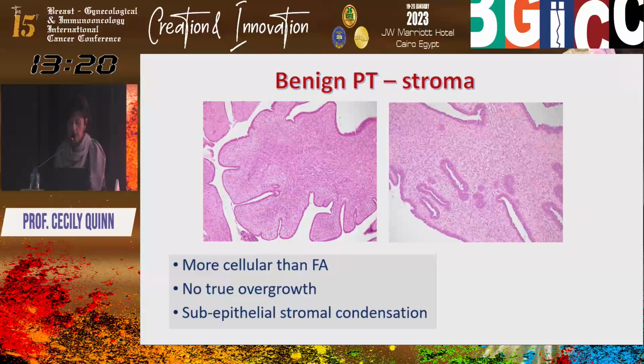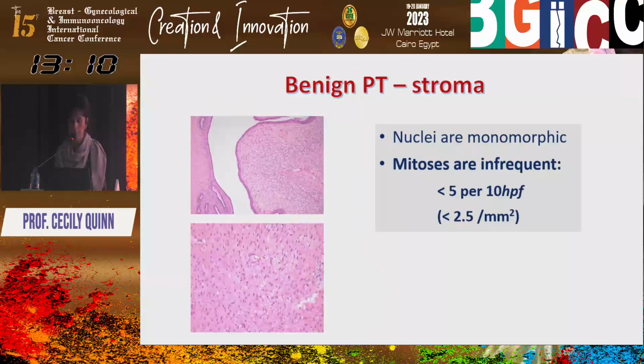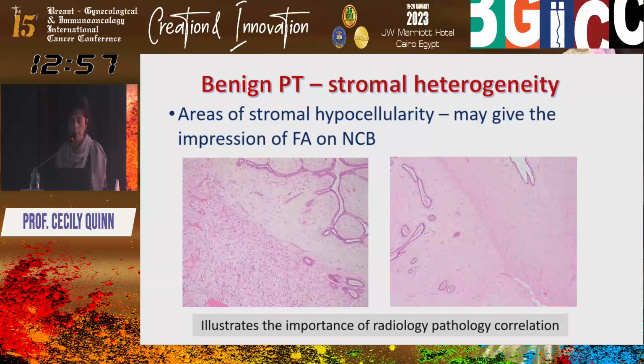We also see this typical subepithelial stromal condensation, where the stroma around the spaces is more cellular than the rest of the stroma. I think that can be a helpful finding. With regard to the stroma, the nuclei tend to be monomorphic. Mitosis should be less than 10 per 10 high power fields, or less than 2.5 per square millimeter.